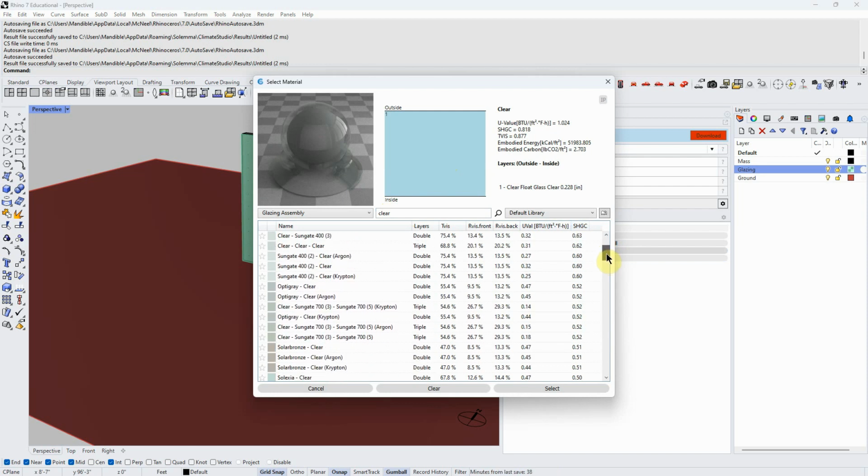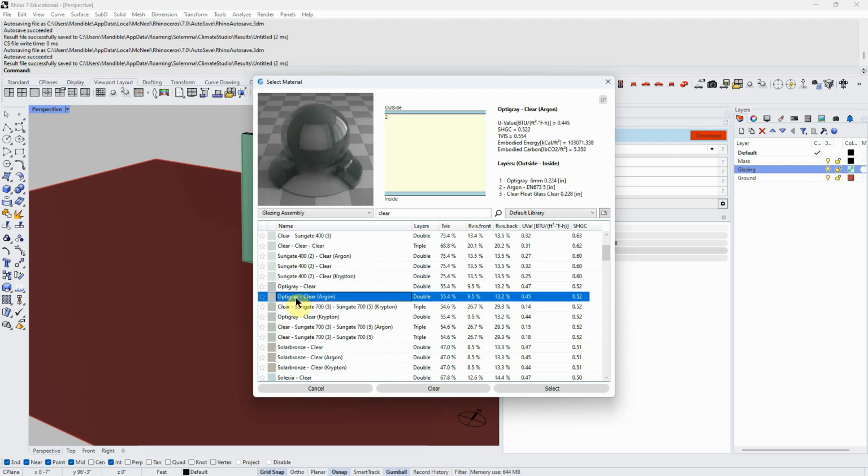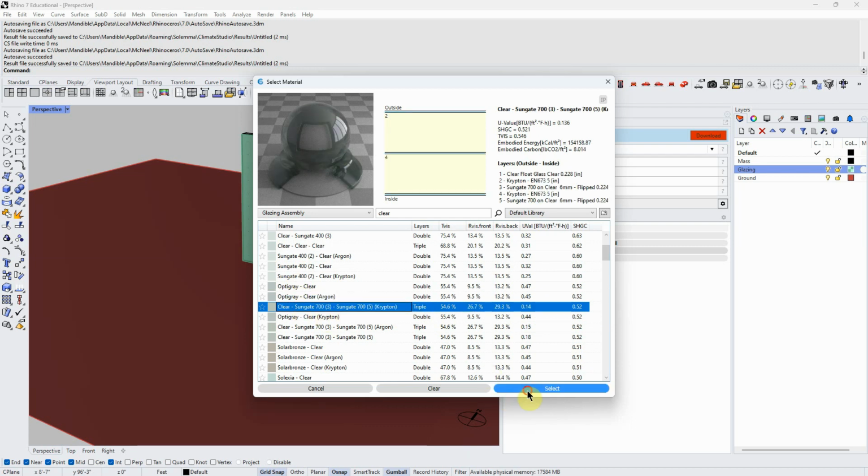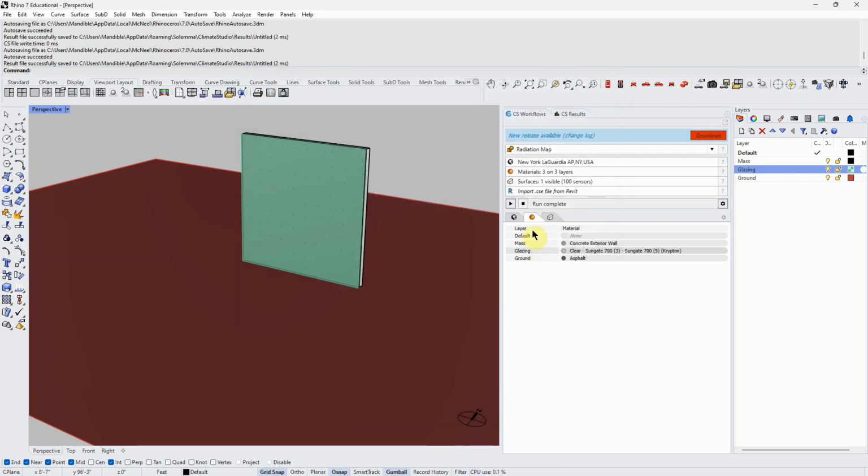Looking through here, 0.14 is about R7, so 7 times what that clear glass was, but we're only getting half of the heat coming through. I think that's a pretty good combo. So let's see what happens when we run this.